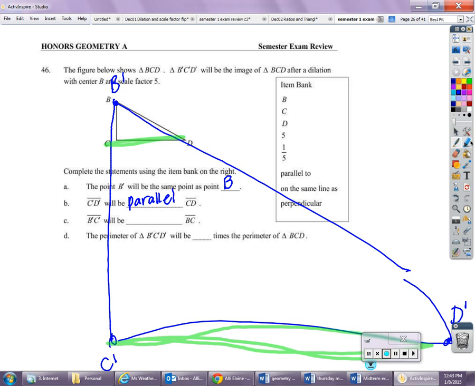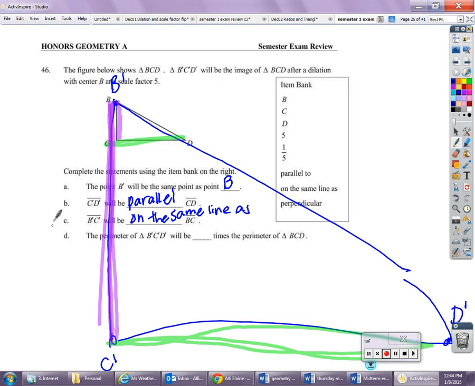Never mind. So here's B prime C prime. And here's BC. Okay? So they're going to be on the same line. They're not the same size, but they're on the same line.